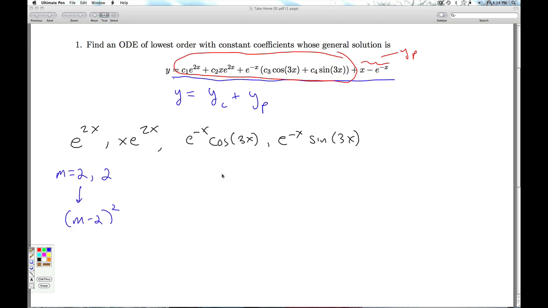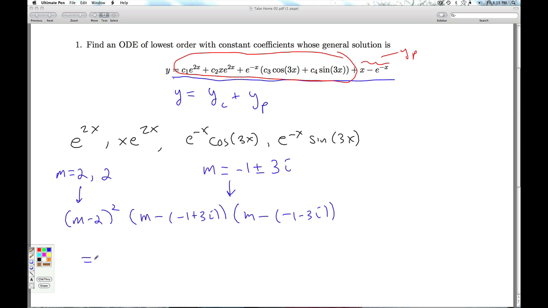What values of m correspond to these guys? Well, these come from complex numbers, -1 plus or minus 3i. That means that m minus each of those has to be a factor. So m minus (-1 plus 3i) has to be a factor, and m minus (-1 minus 3i) has to be a factor in accordance with the factor theorem.